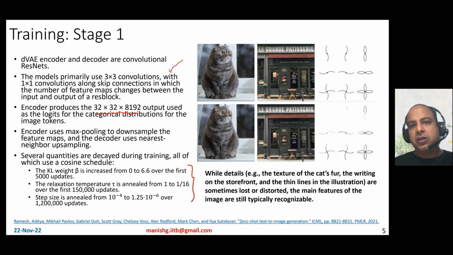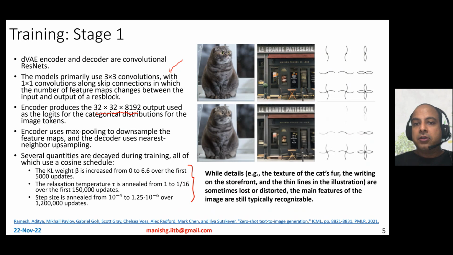Now, why use dVAE? Well, the discrete VAE is useful because if you were not using it and were feeding 256 cross 256 images as tokens to a transformer, you would require a very large input size for the transformer. The discrete VAE very nicely helps you reduce the input size, right? So that's the major contribution of this first stage of the training, which is the discrete VAE.